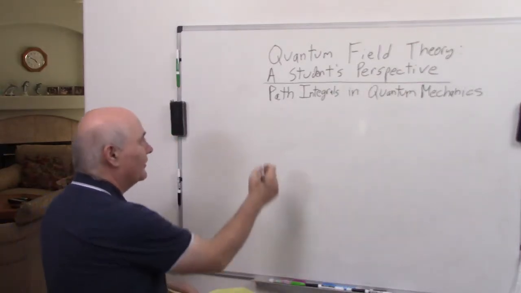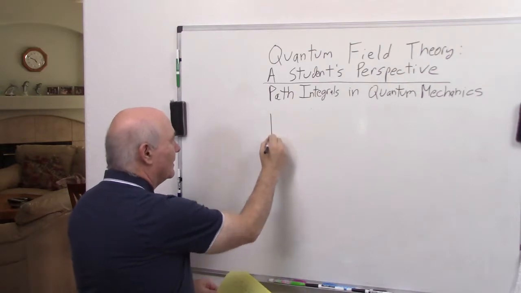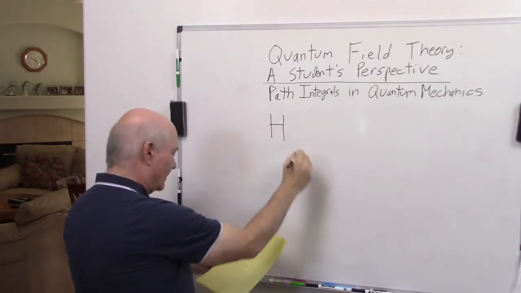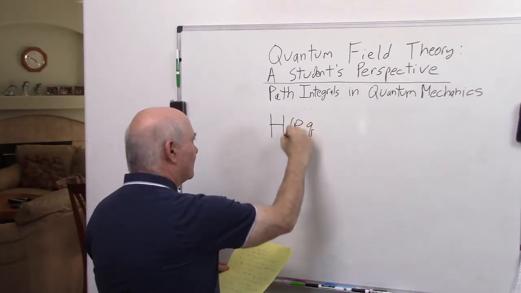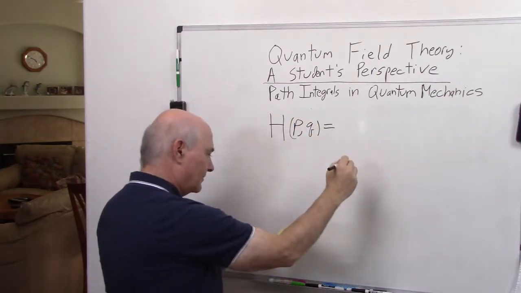So one of the things you do in quantum mechanics and quantum field theory is often you add what are called forcing terms to the Hamiltonian.